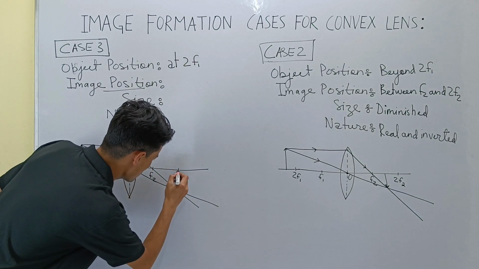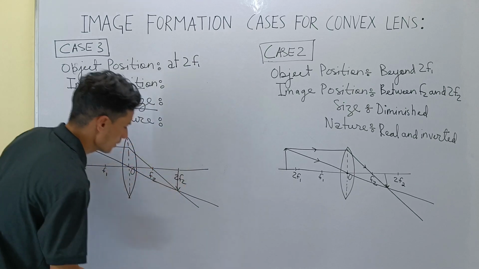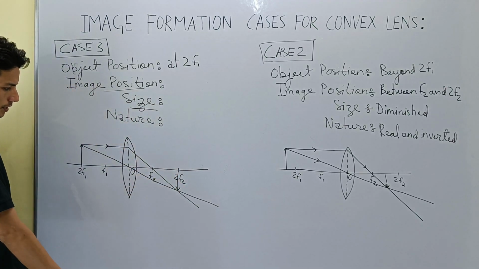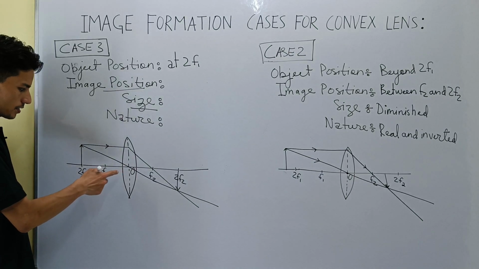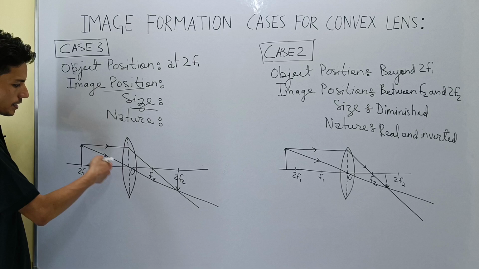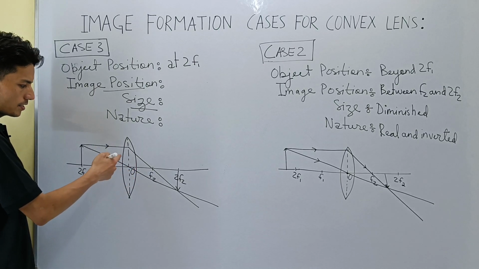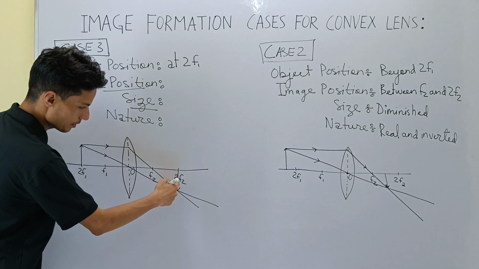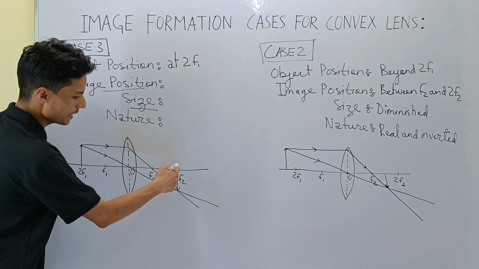Yes. So the image is from here, below, exactly at 2f2. This may need a little bit of practice, so maybe in one go you may not get it. This is the case which needs a lot of practice. So make sure that you get it exactly below, exactly at 2f2.